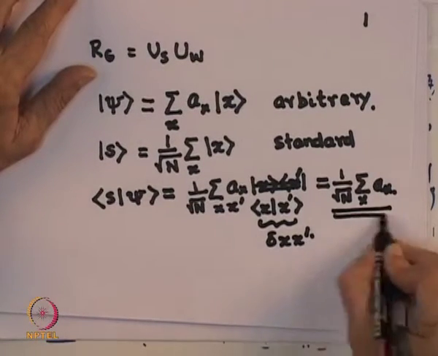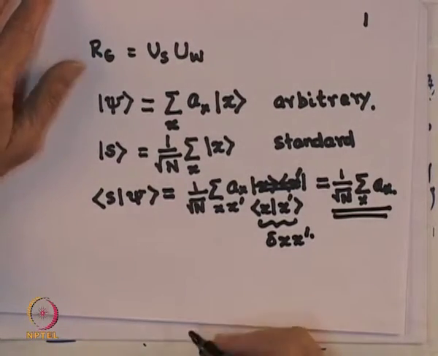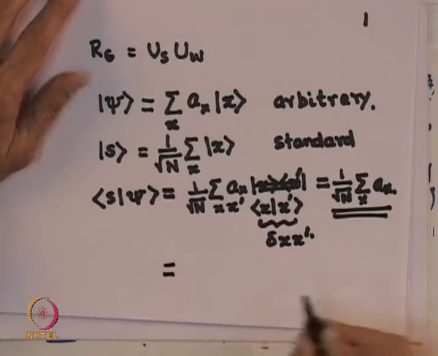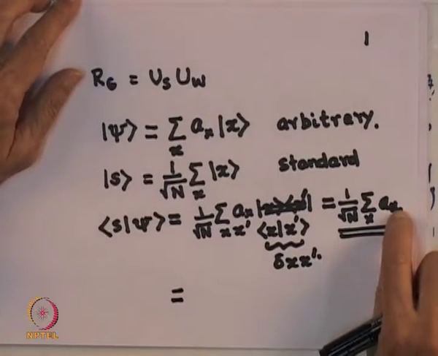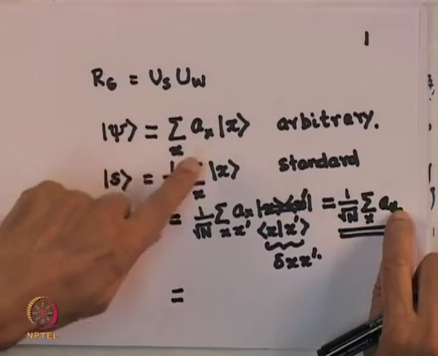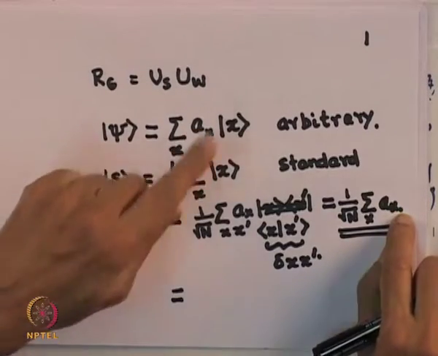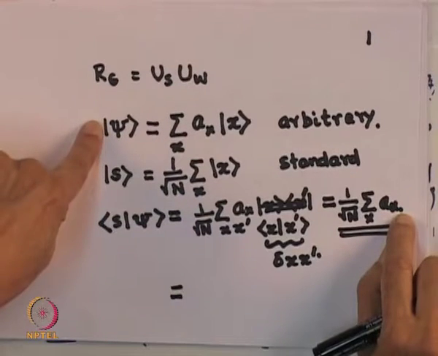Now look at what this is. This Ax is the amplitude of x in the state psi.